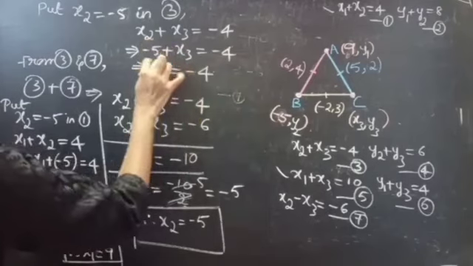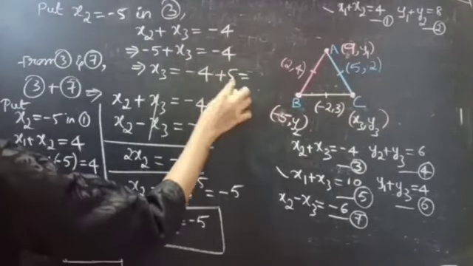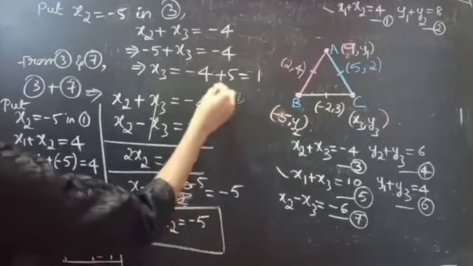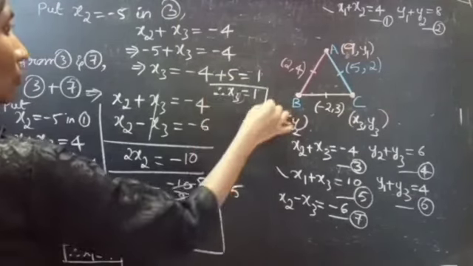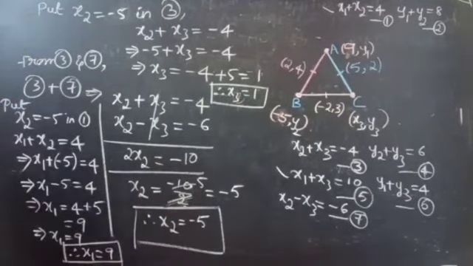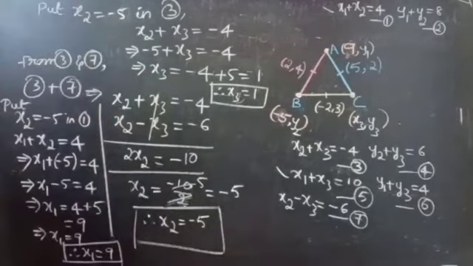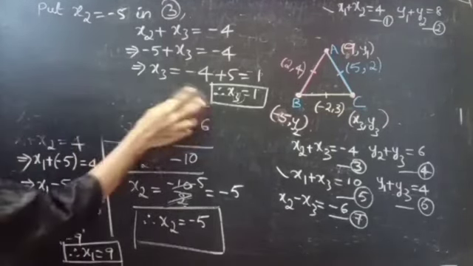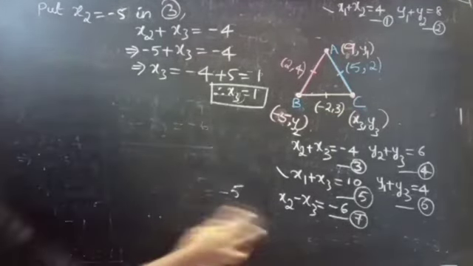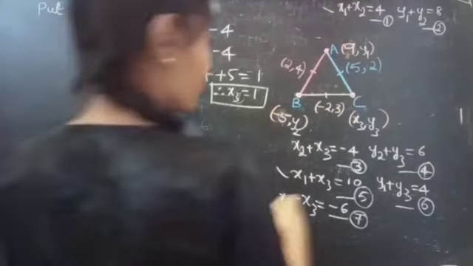Take the minus 5 to the right-hand side, which becomes plus 5. So minus 4 plus 5 is plus 1. Therefore x3 equals 1.